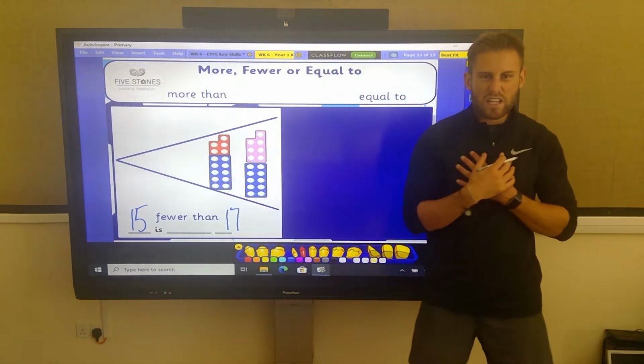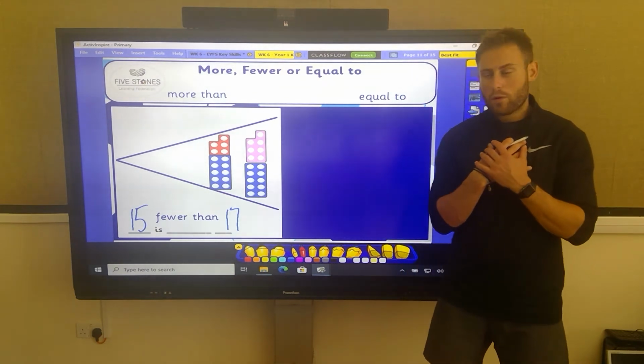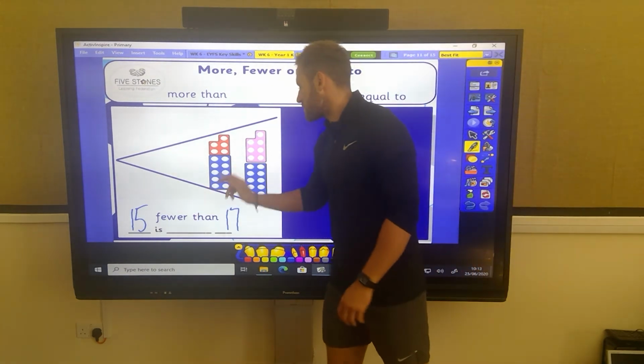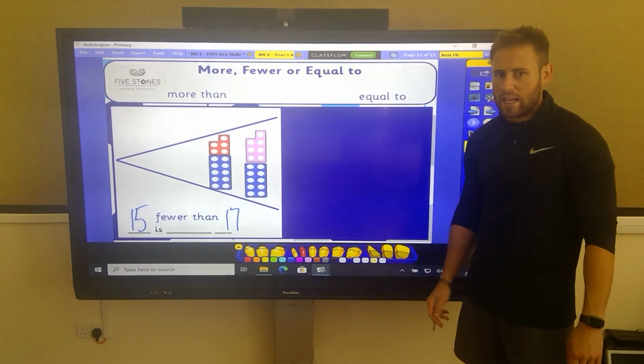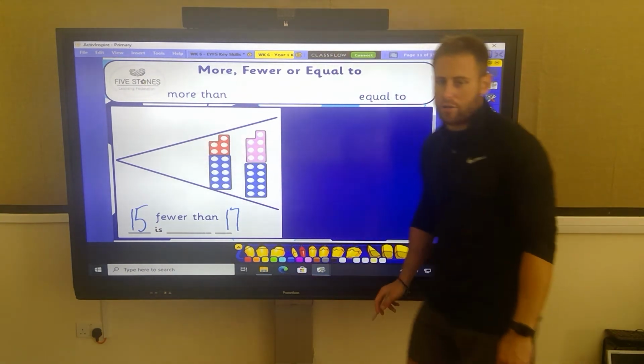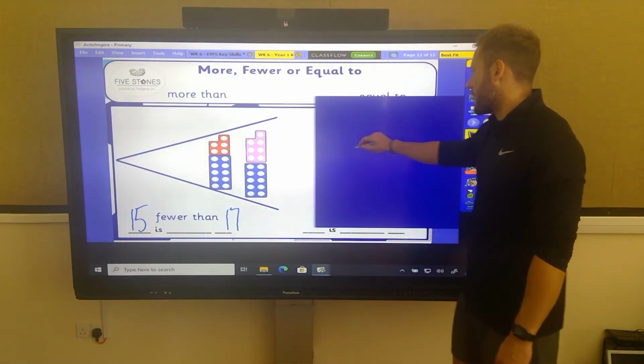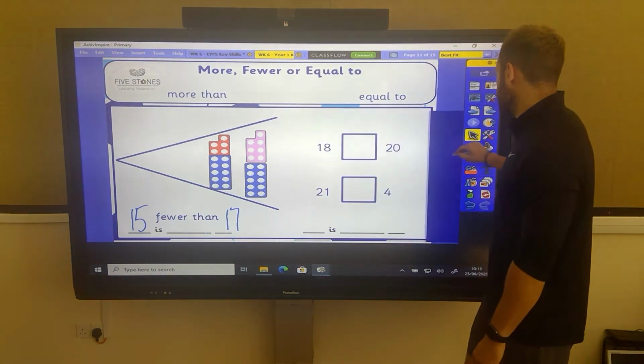Yeah, if I had 15 sweets and you had 17, I'd be so jealous. Because I've got the fewer amount. So 15 is fewer than 17. Can we see? There's fewer that can fit in this part of the symbol. So 15 is fewer than 17.